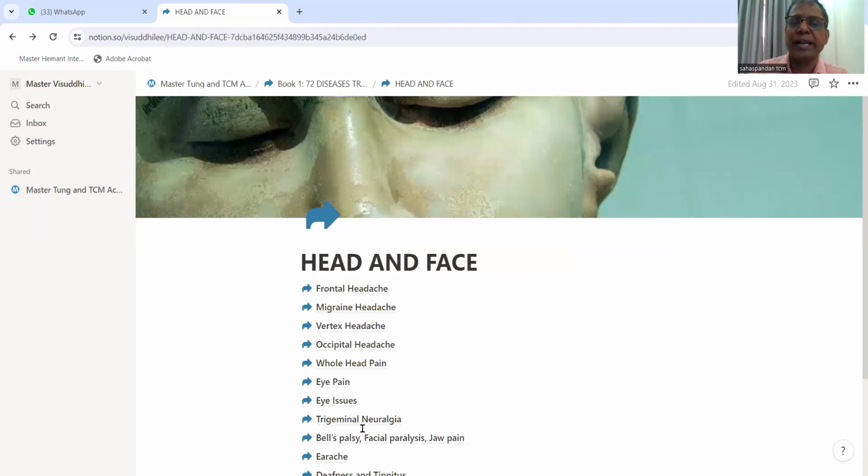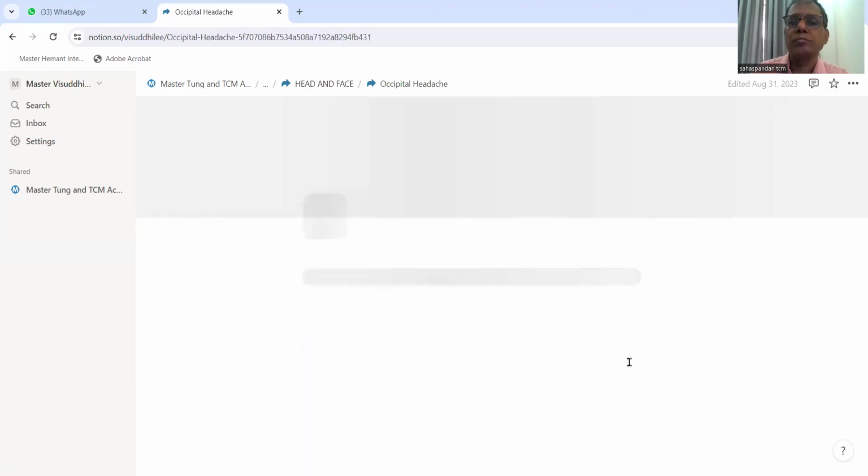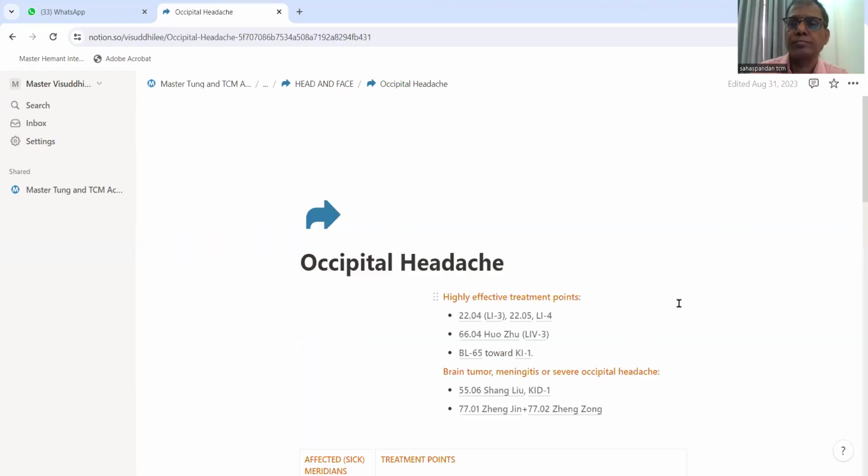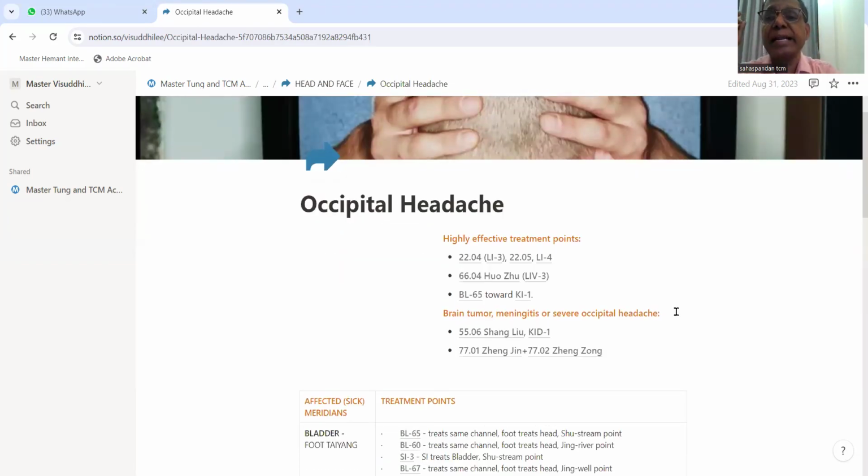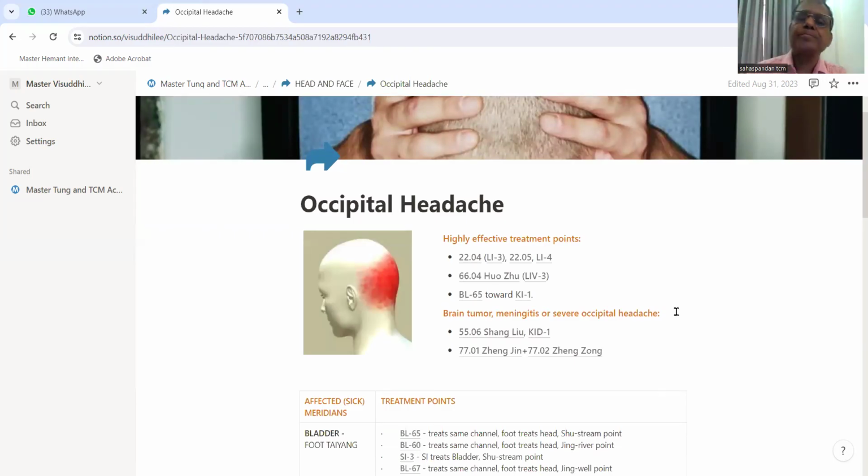Then occipital headache. In occipital headache, the highly effective points are LI3 and LI4 and 66.04.